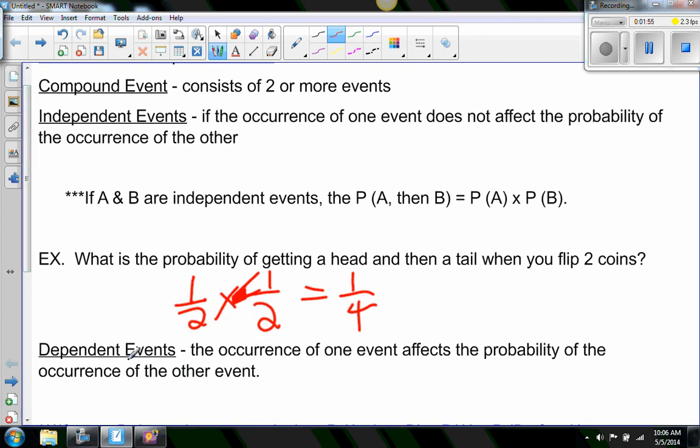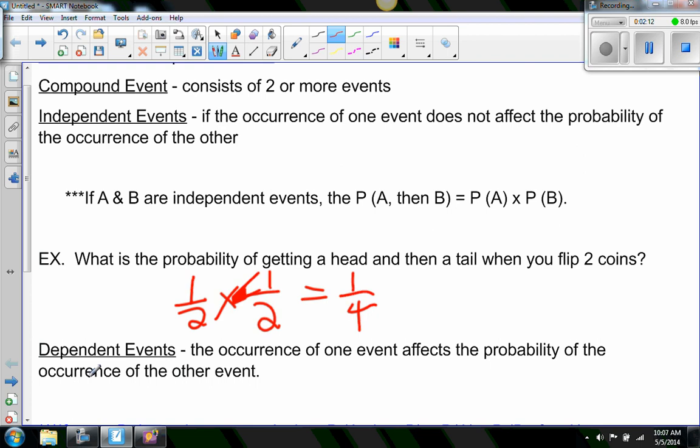So dependent events: the occurrence of one event affects the probability of the occurrence of the other one. So the first one does affect the second one now. This has to do with the lab that we just did with the colored cubes that we put in the bags.